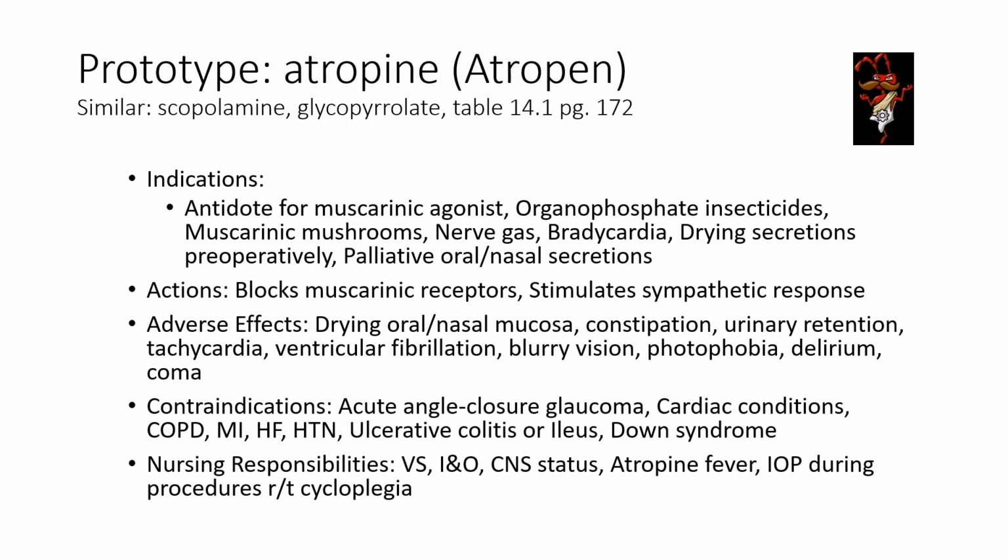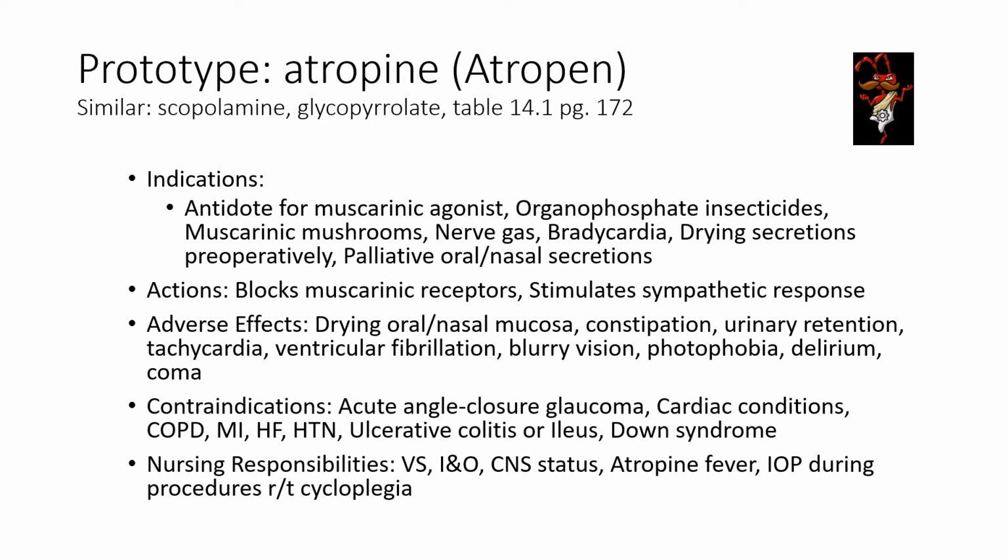Or even in a palliative patient, we use scopolamine patches. Scopolamine is an atropine-like compound, and we can use scopolamine patches behind the ear, and that really dries up oral secretions, respiratory secretions, and nasal secretions in someone who is palliative and in the process of dying, and they have a lot of wheezing and rattling in their chest.